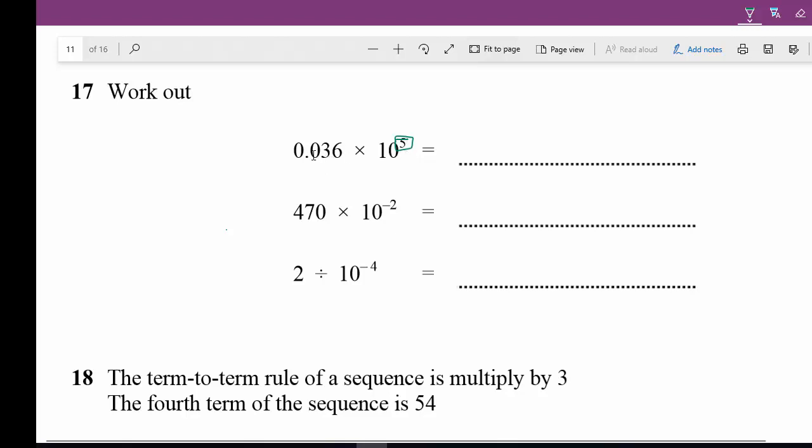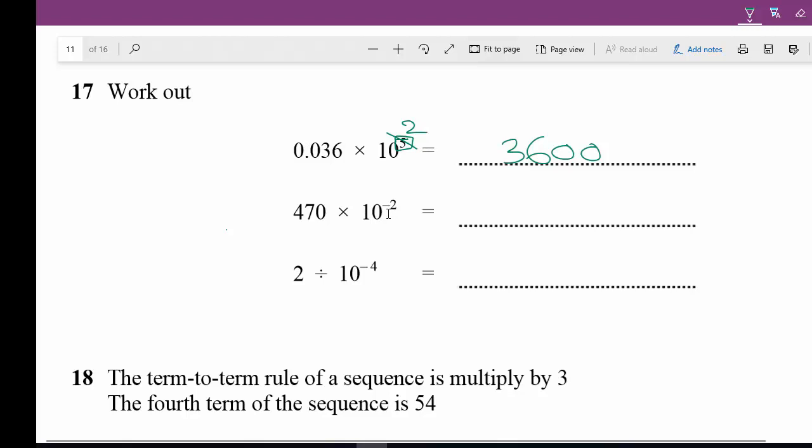Then there are 3 numbers after the point. These 3 numbers after the point will take 3 from this 5. What's remaining is just 2. Then if we release these 3 numbers after the point, it will be 36 with 2 zeros because of this 2. And why did this 5 become 2? Because here we have 3 numbers after the point. 3 numbers will take 3 from the 5.